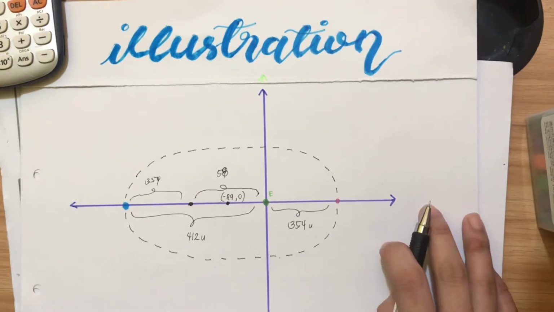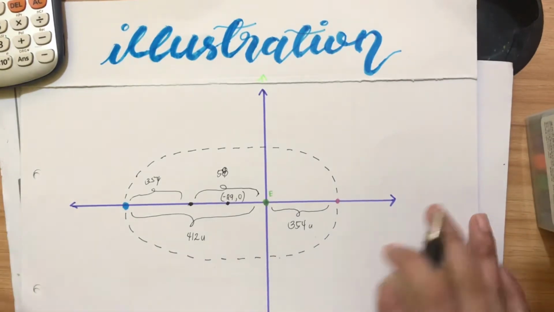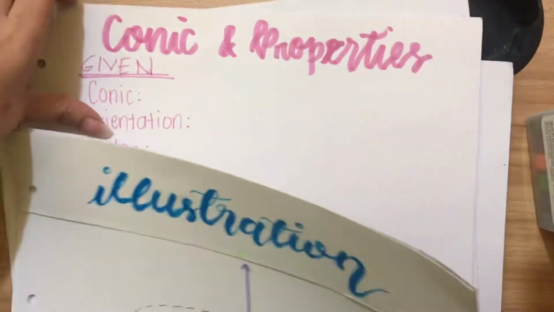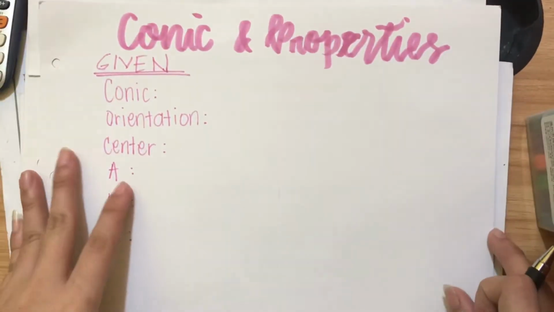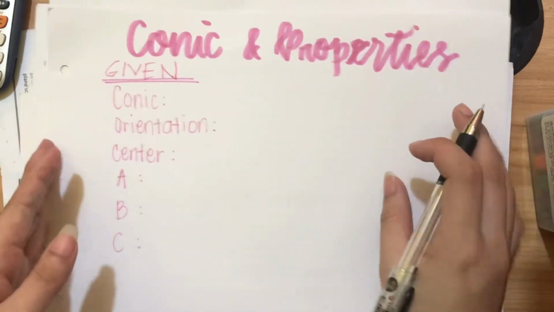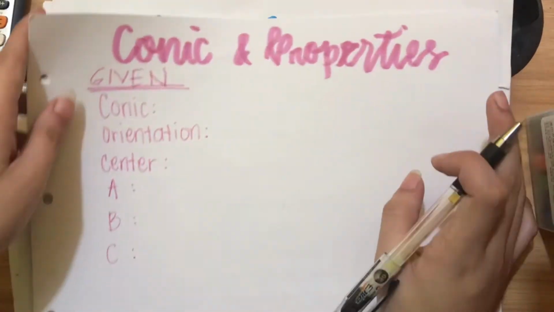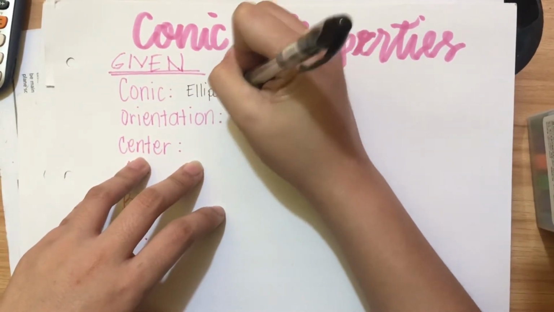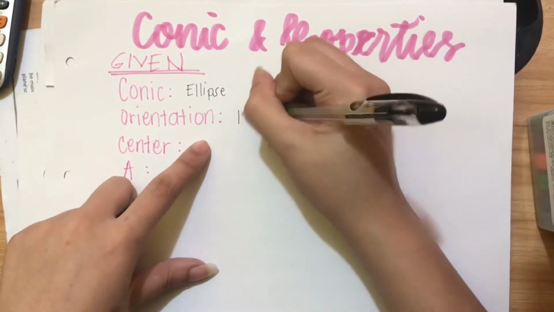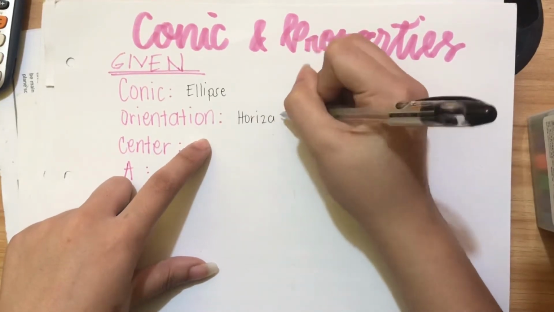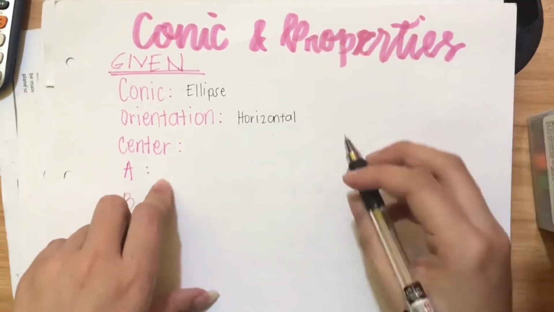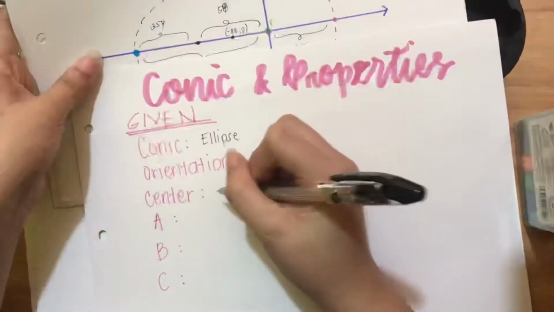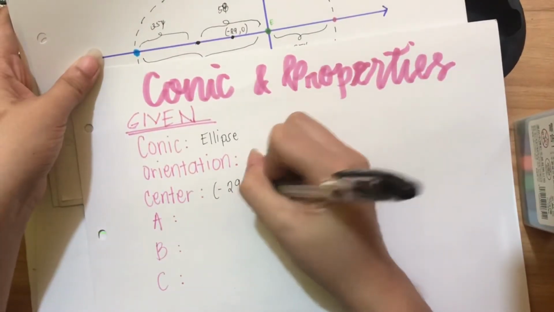So here is now the illustration of the problem. Let us now proceed to the conic, its properties, and the givens. Based on the problem, the conic is an ellipse and its orientation is horizontal. Its center is at negative 29, 0.